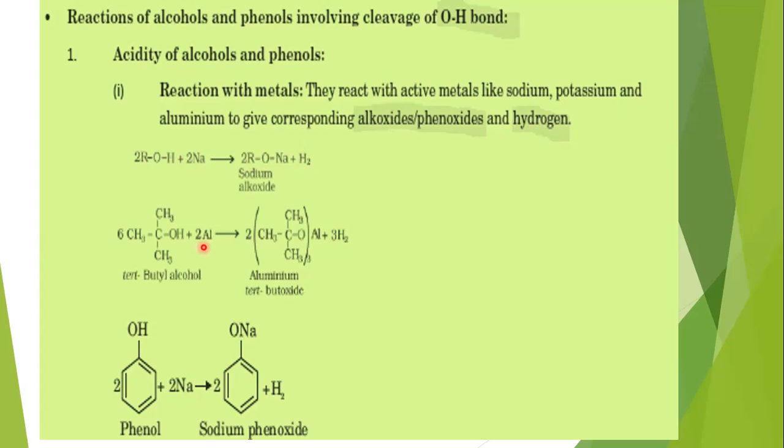If aluminum is taken as active metal and here tertiary butyl alcohol, it's 6 molecules to aluminum, it gives aluminum tertiary butoxide. So this is tertiary butyl group and this is oxide. So aluminum tertiary butoxide with liberation of hydrogen gas.